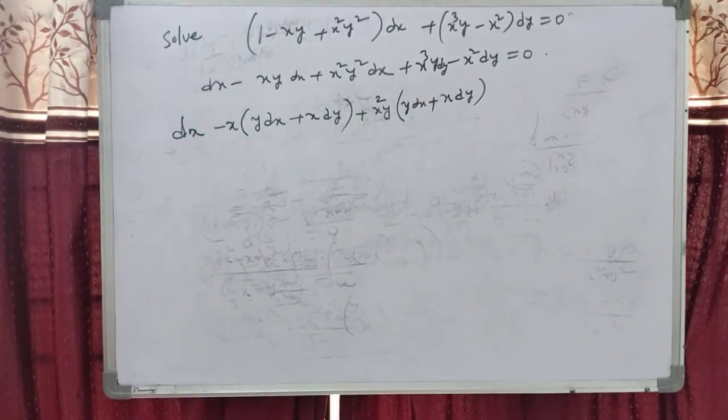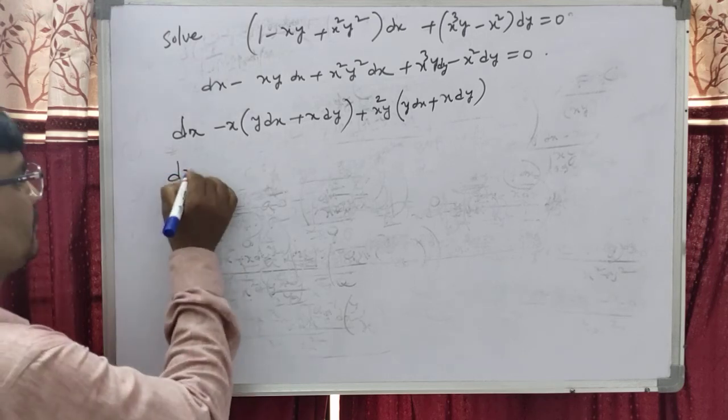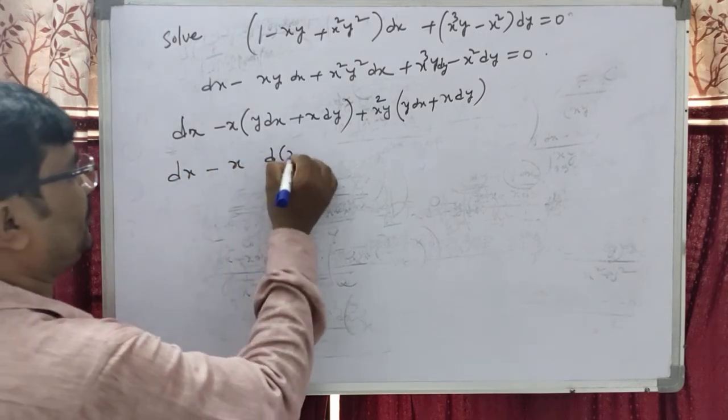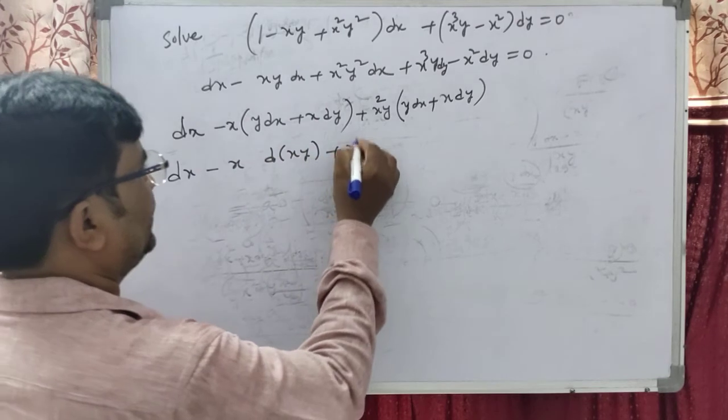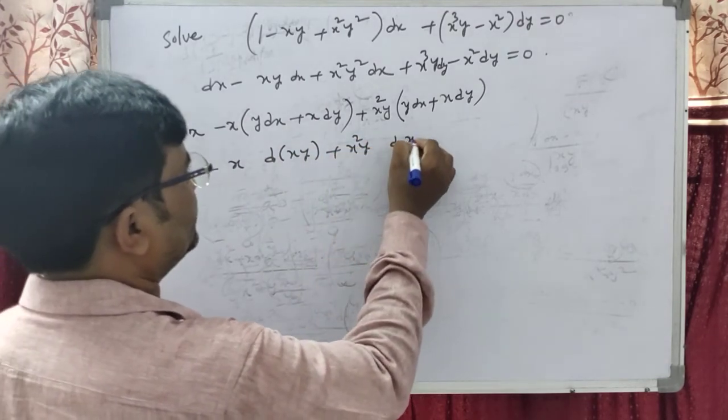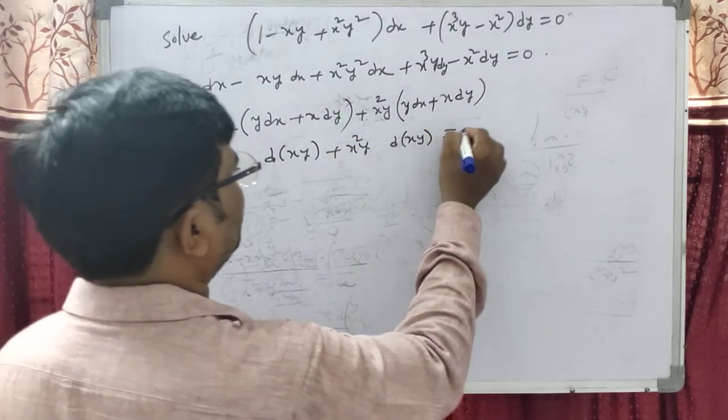Now, the equation is dx minus x into the derivative of xy, plus x square y square into the derivative of xy, equal to 0.